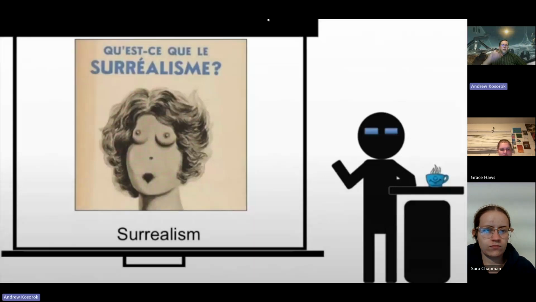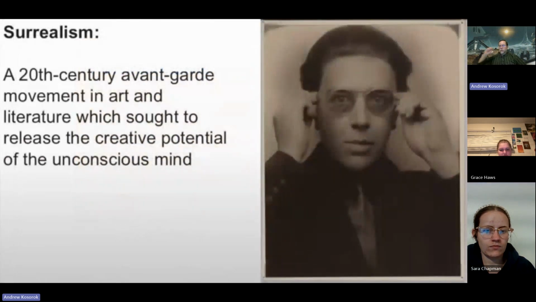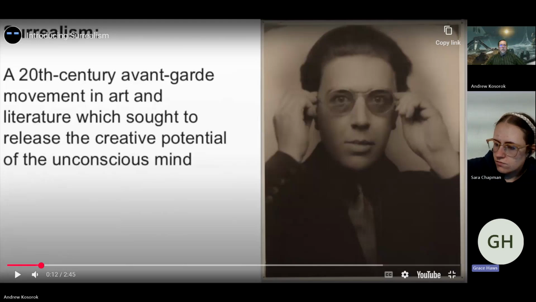Now, many of the artists of the Dada movement will actually move on to Surrealism. And Surrealism is an interesting movement. This is an avant-garde art movement. Do you remember what avant-garde means? It's not a specific movement. What does avant-garde actually mean? Out of the box?